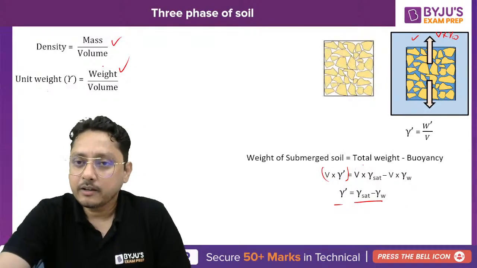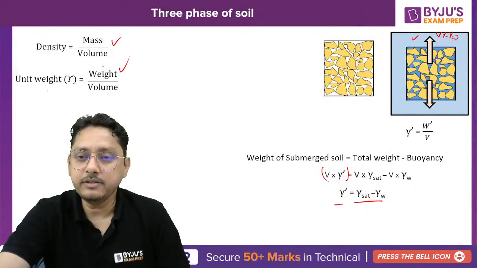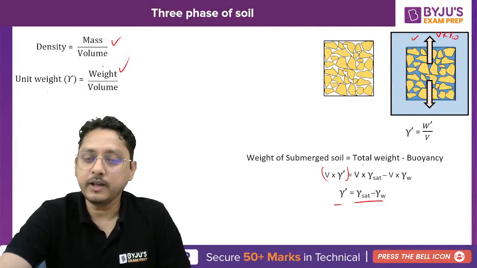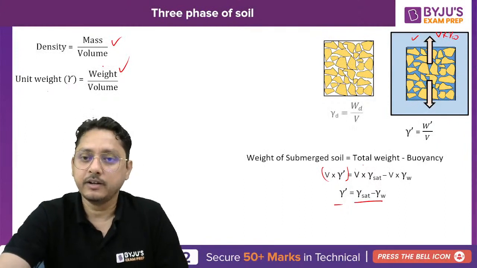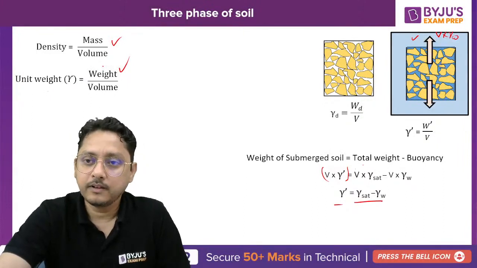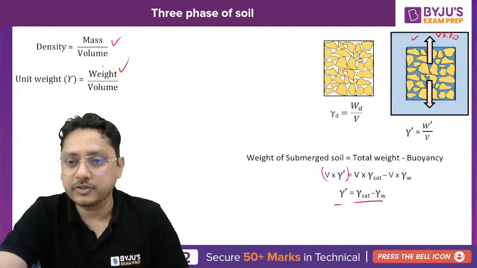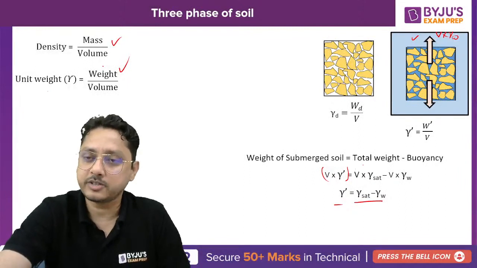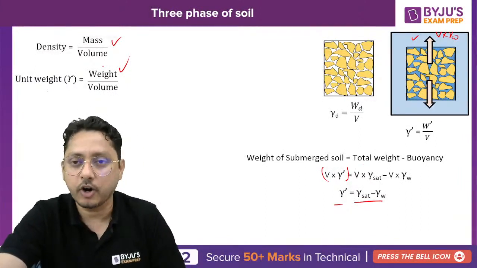Now if the soil is completely dry, meaning all the voids are filled only with air and no water is present in the voids, then what is the unit weight? The unit weight is the weight of the dry soil by volume. In this process there is no change in the volume; I'm keeping the same constant volume throughout.